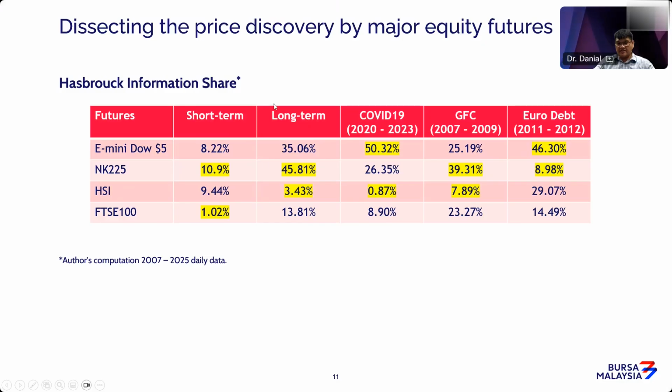However, for these two, short-term and long-term, we assume stable market conditions. What if we consider three instability periods, COVID-19, GFC, and also the Euro debt crisis? It is very hard for us to interpret one by one.